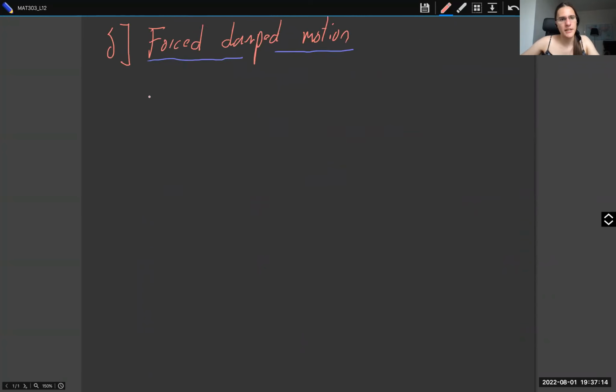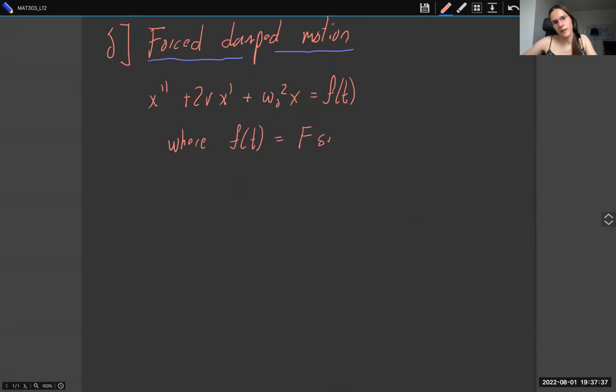So our equation is x prime prime plus 2r x prime plus omega naught squared x is equal to f of t, where we're going to assume f of t is equal to F sine of omega t plus beta. So it's going to be the same forcing function that we saw before.